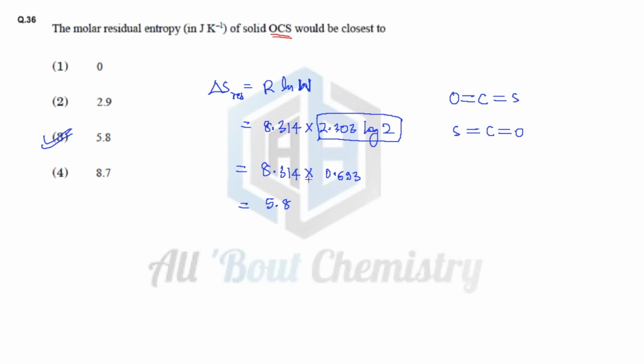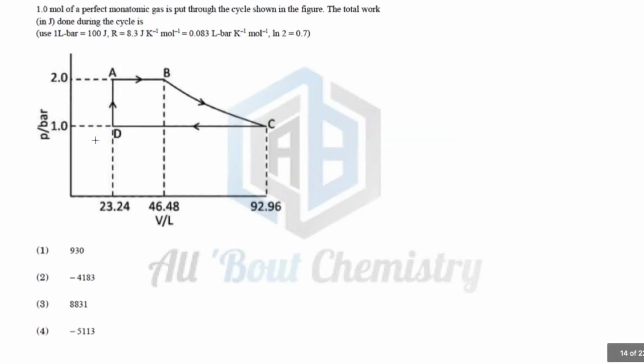Since you are multiplying with a number a little bit more than half, and half of 8 is 4, whatever answer you get will be greater than 4. So greater than 4, the only option is 5.8. This is also one of the ways you can approach the answer, or you can simply multiply and go over there. Alright, let's talk about the next question then.